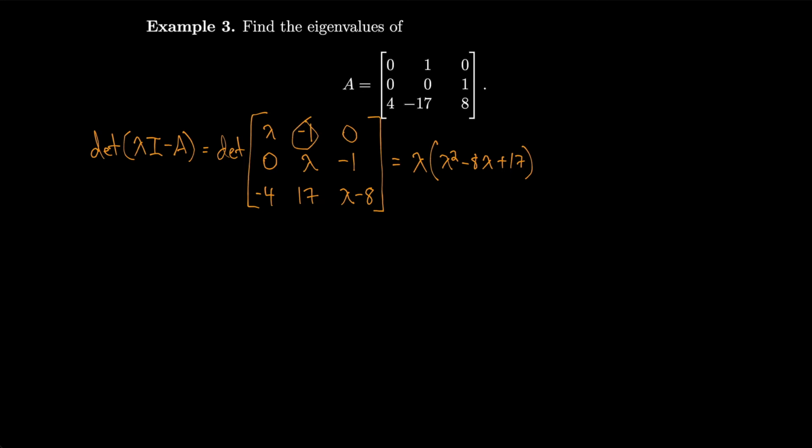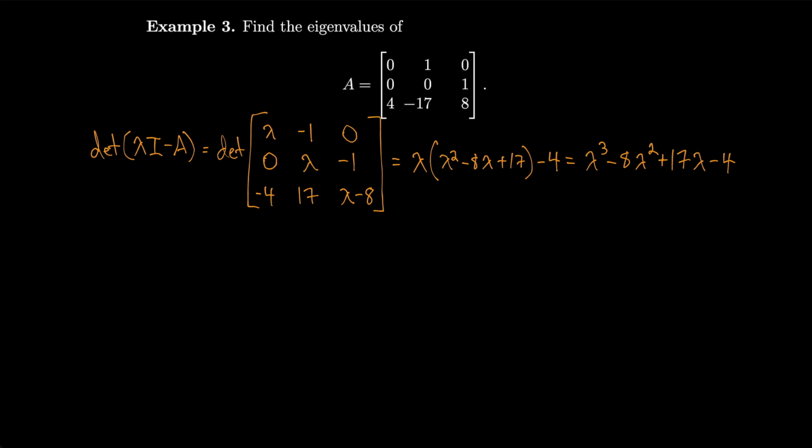And then minus 1 is plus 1 times this determinant, well, this determinant. So that 0 is going to kill off that guy. Then minus 4 times minus 1 is 4. So subtracting that gives me a minus 4. And then this last 0 kills off all the other terms. So I'll end up with lambda cubed after distributing, minus 8 lambda squared plus 17 lambda minus 4.